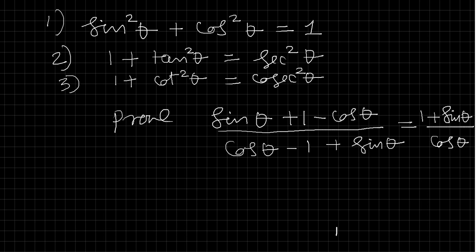This is the identity which we have to prove using the given trigonometric identities, these three. Let us see how we do this particular problem. If you look at both the left hand side and right hand side, the right hand side is (1 plus sin theta) by cos theta, and we can prove it by taking the left hand side first.